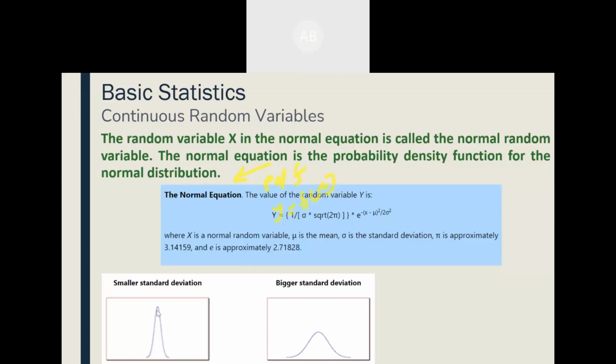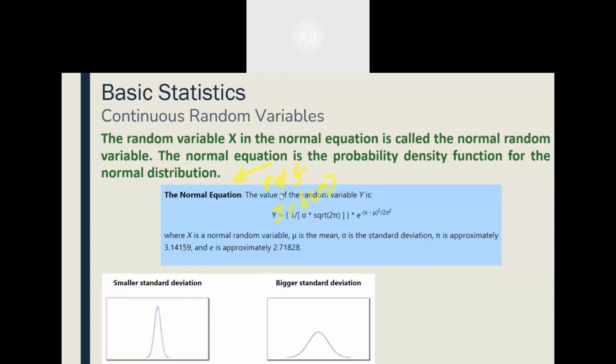Your data set may be taking a shape like this, which is tightly packed, or it may have a larger spread like this. In either case, both are normally distributed, but this one has a smaller standard deviation, and this one clearly shows a larger standard deviation.